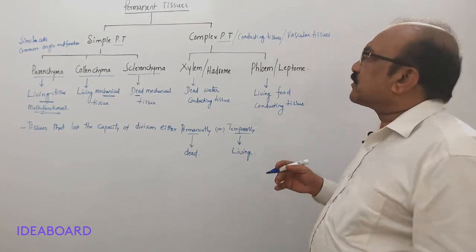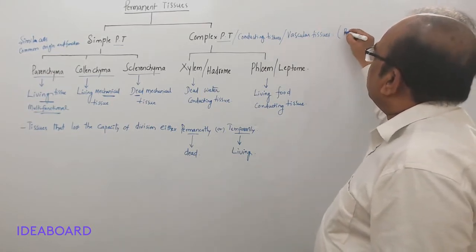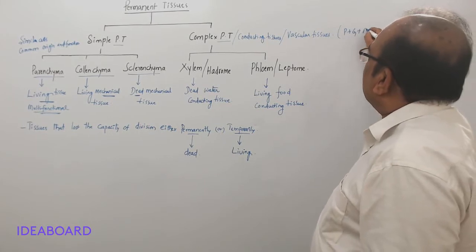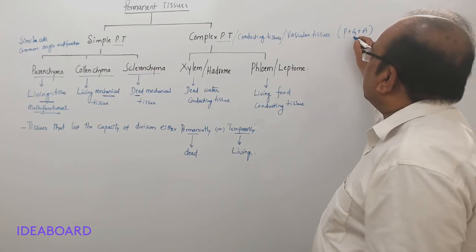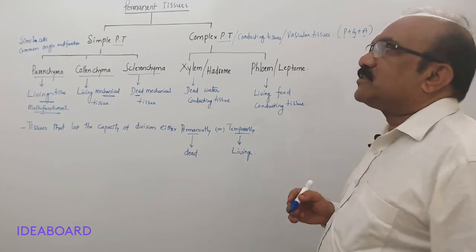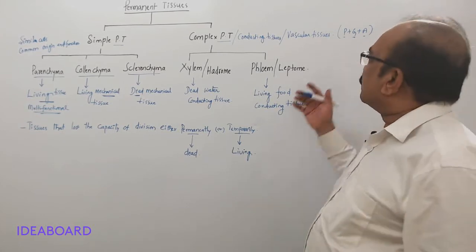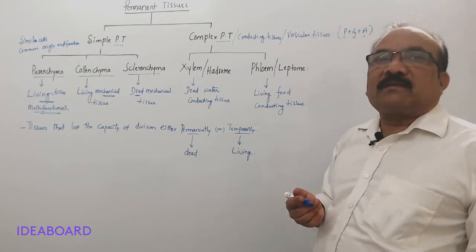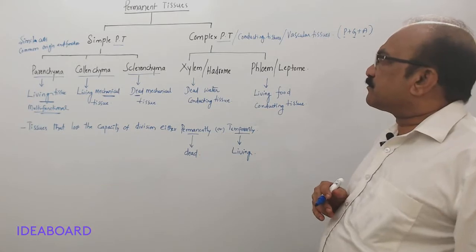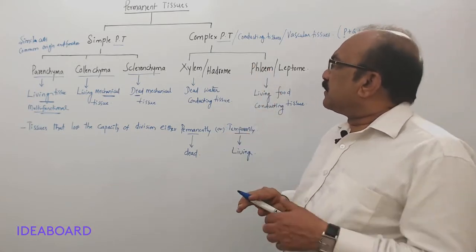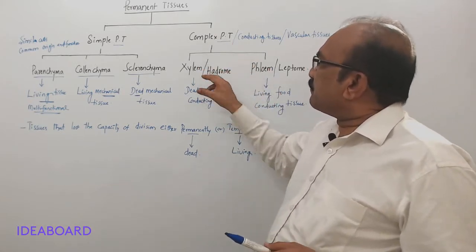These vascular tissues are present in pteridophytes, gymnosperms, and angiosperms. So that's why these three are called vascular plants or tracheophytes.